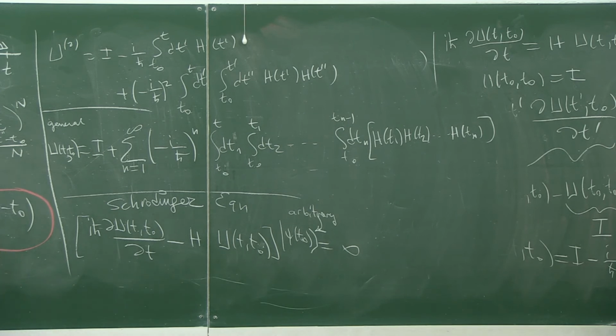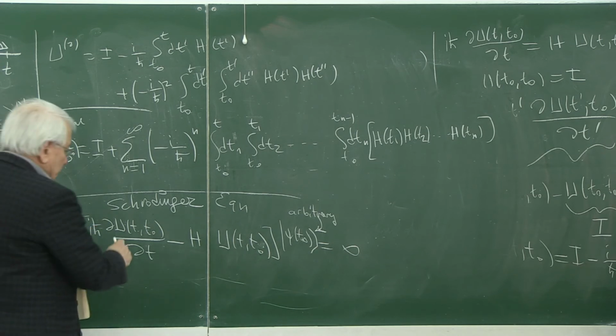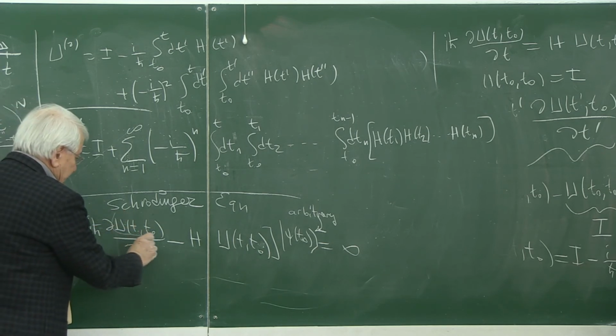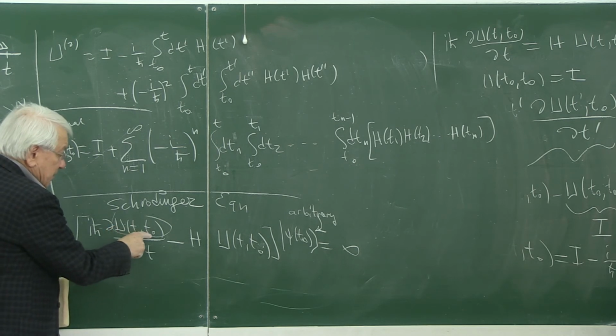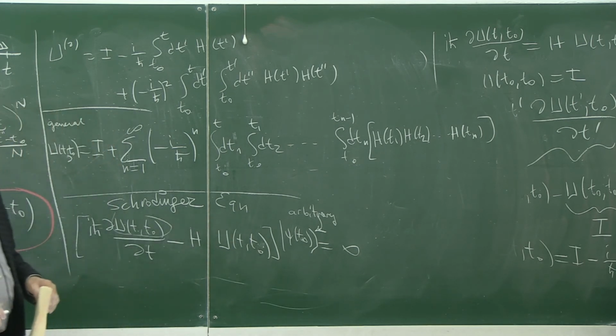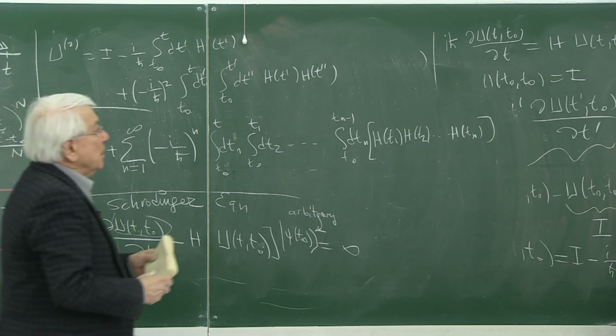Then use the time evolution concept: U is acted upon only by the first derivative on the first entry. So U(t, t0) acting on psi(t0) gives you psi at t. There's only one time variable, so I will write it up.